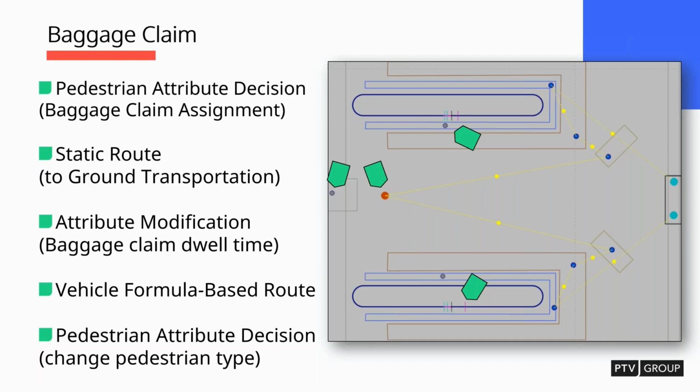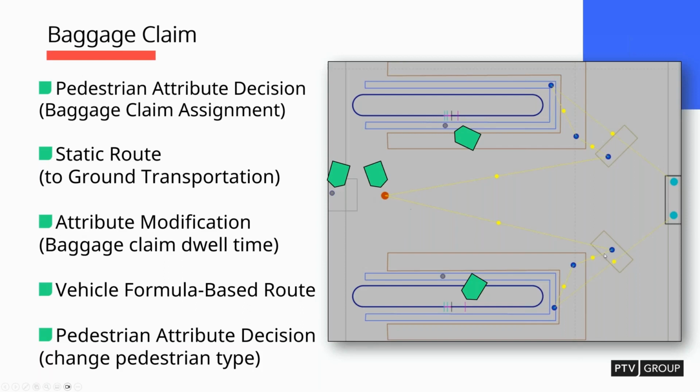For visualization purposes, I wanted to have bags actually rolling around on the carousels. So in this case, we have an attribute decision at the beginning of baggage claim, just like always, that says which baggage claim carousel do you need to go to, or do you skip it, right? So you might have three statuses: none, carousel 1, carousel 2. So they get assigned a baggage claim carousel at the beginning.